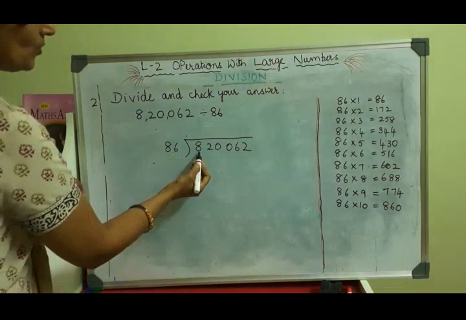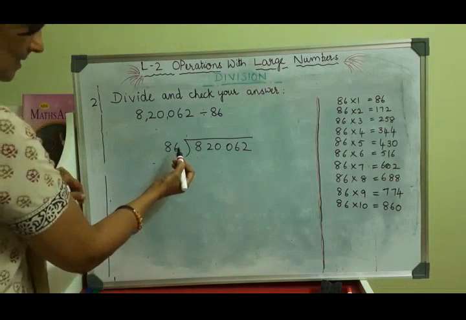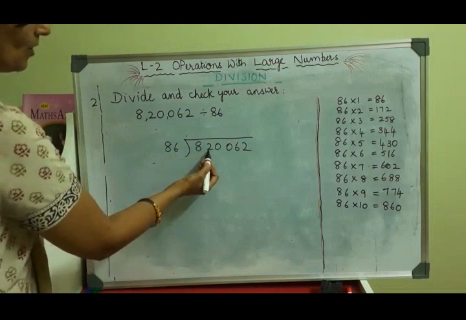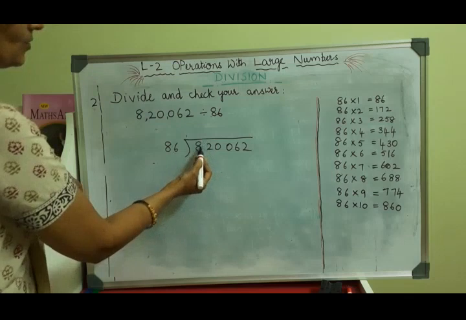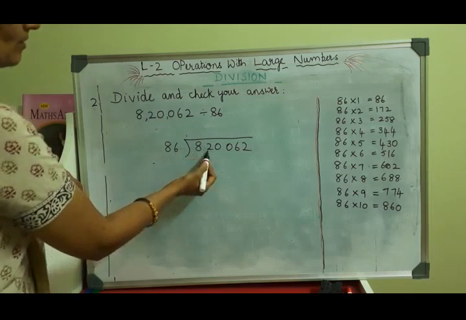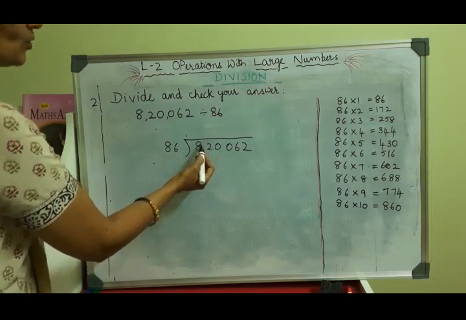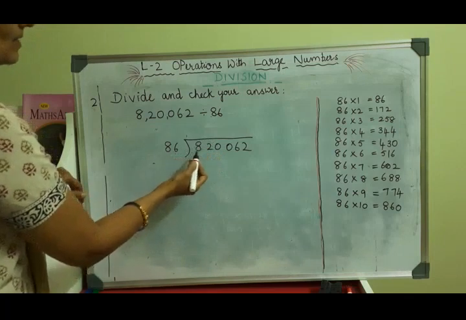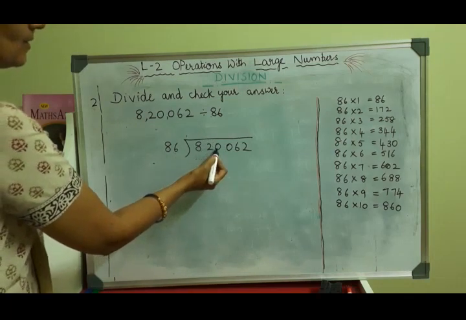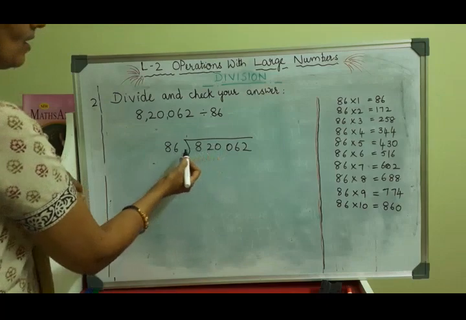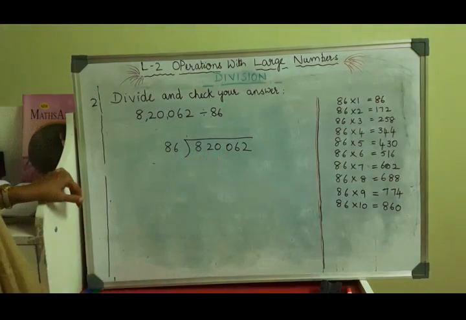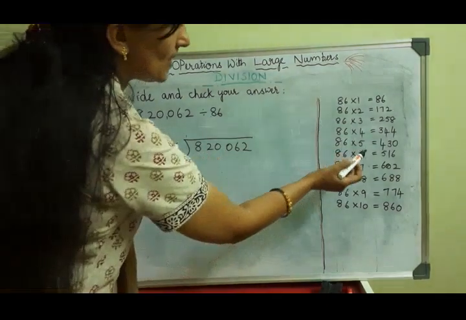Take 8 first. You cannot divide 8 by 86. Next, 82. 82 is smaller than 86. You cannot divide. The dividend should always be a greater number than the divisor. Now take 820. How many times will 86 go? Now we will go to the multiplication table.